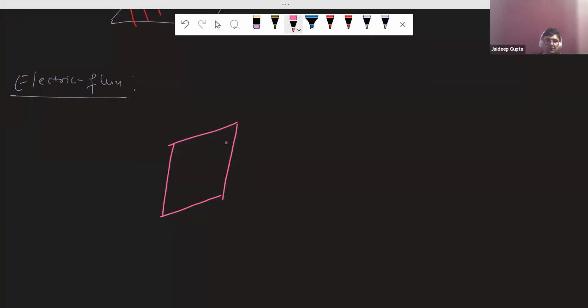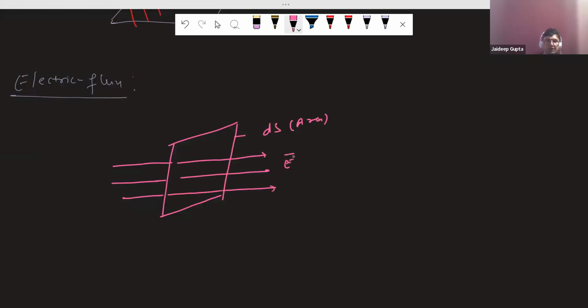So electric field, this is a surface having area ds. The number of electric field lines passing perpendicular to the given surface is known as electric flux.